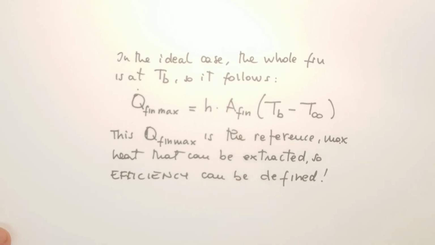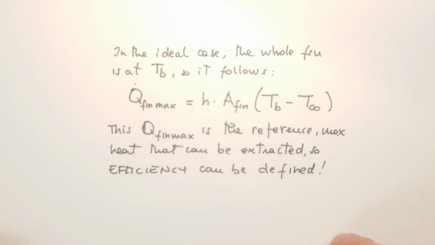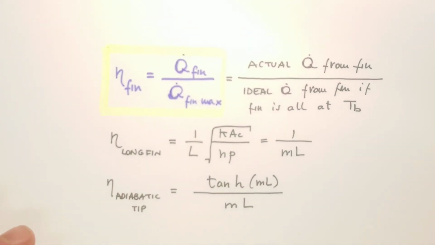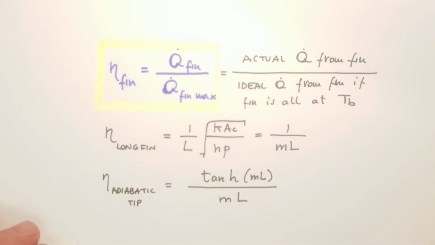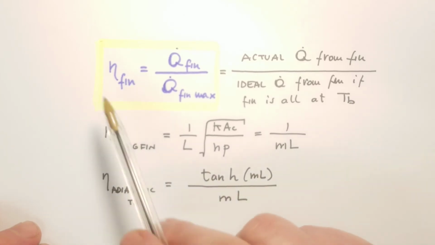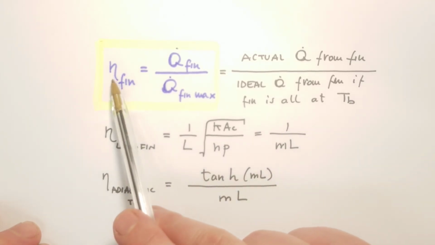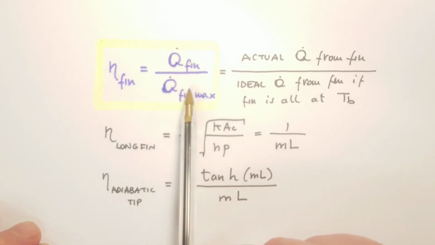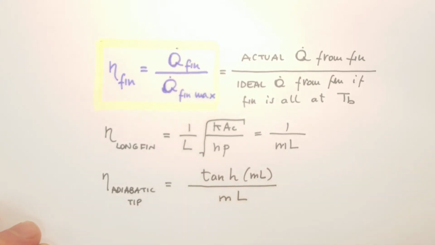So we can define efficiency with respect to this value of heat. So we define the efficiency of a fin, and we use the Greek letter eta, as the ratio between Q fin divided by Q fin maximum.